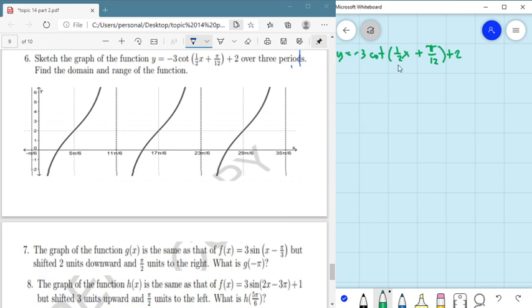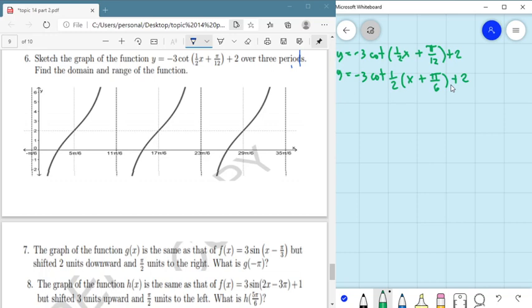And then since our b is not yet isolated, the x has a numerical coefficient. So we need to take it out so that your y becomes negative 3 cotangent. Factor out the 1/2. So 1/2 x divided by 1/2 is x, plus pi over 12 divided by 1/2 becomes pi over 6, plus 2.